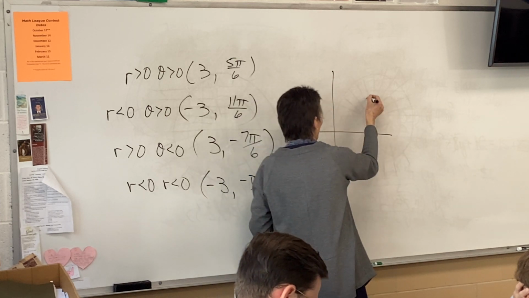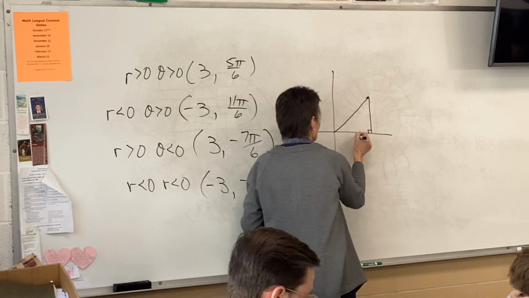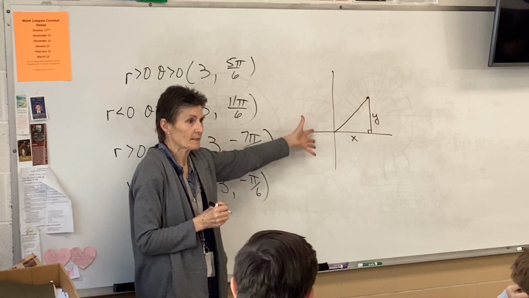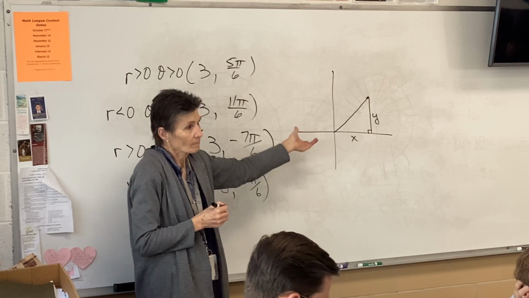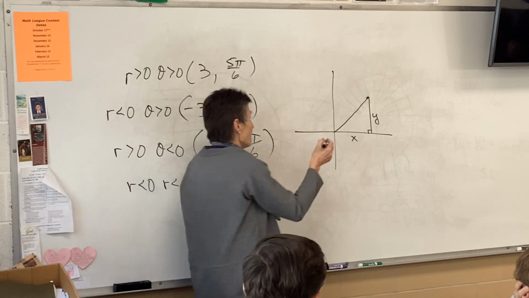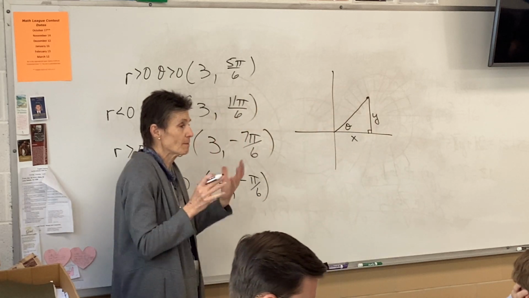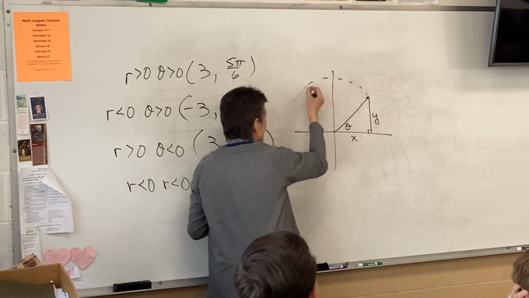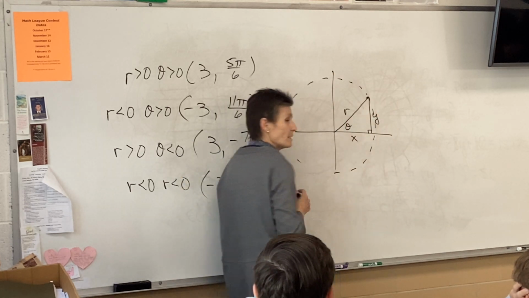If I plot a point in my rectangular system and call it x comma y, would you agree that that would be a way to illustrate that? This angle right here, I'll call theta. And if I envision a circle containing that point, then this would be the radius.